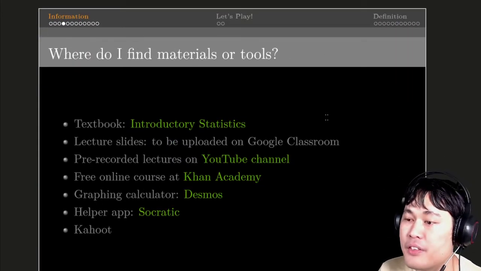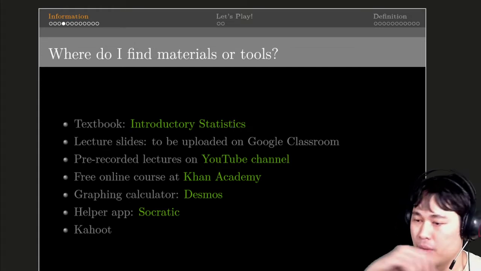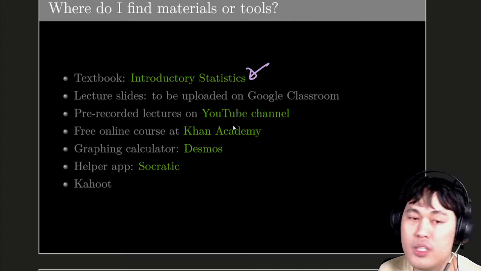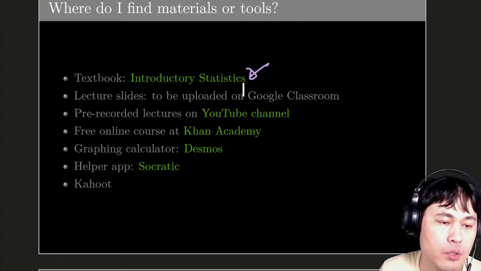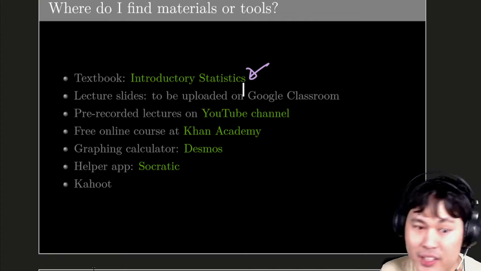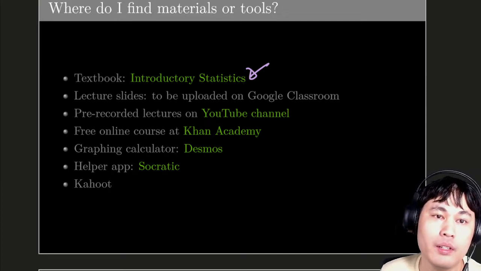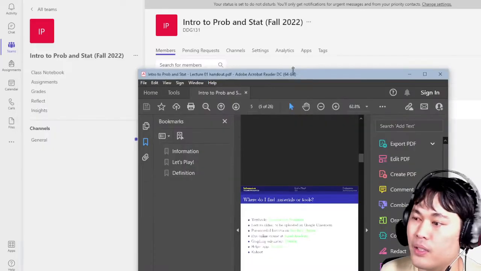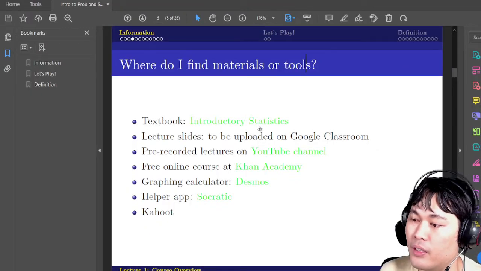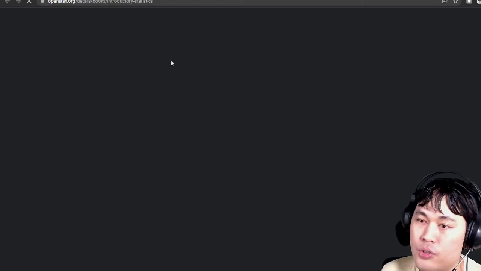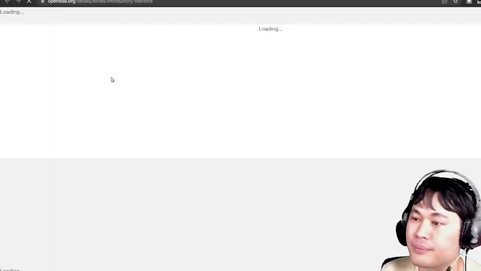We also have some extra materials. First we have the main textbook we use, which is online. If you have the PDF version, click on the green text and it will take you to the website.